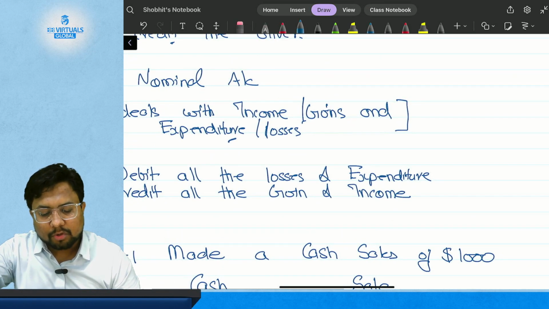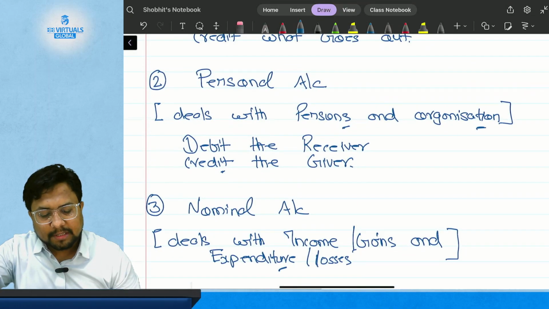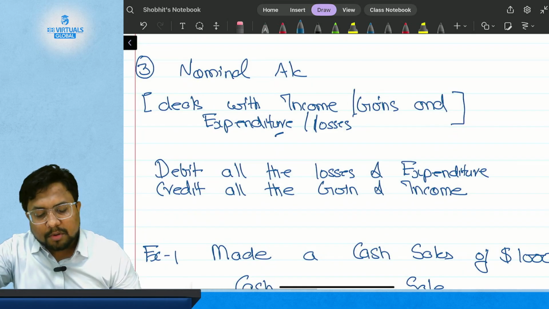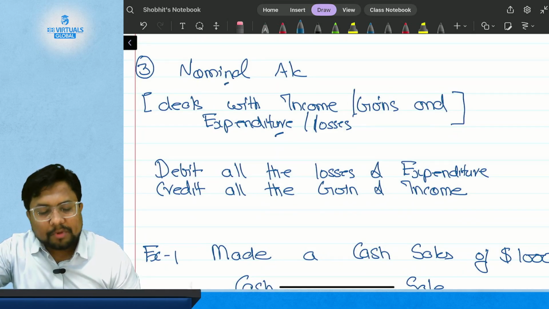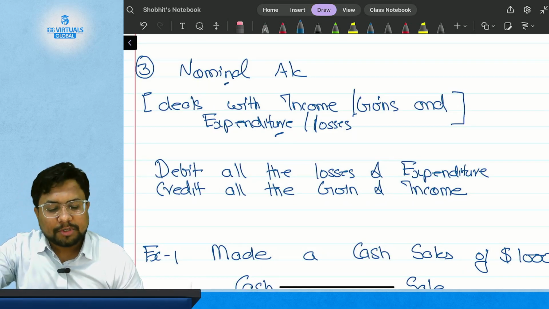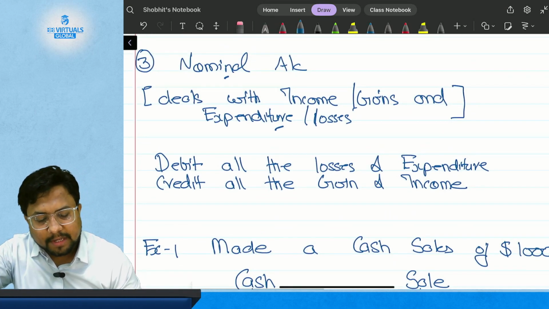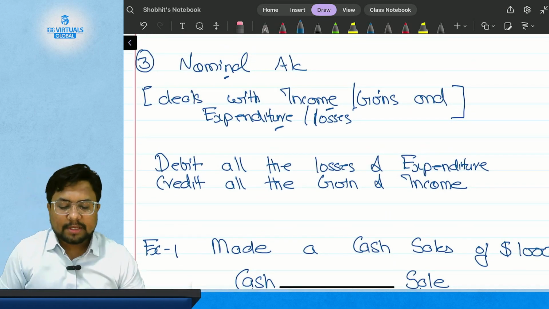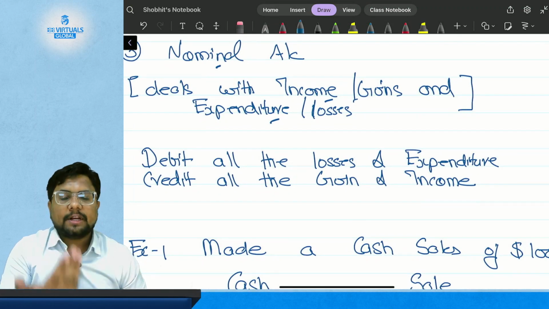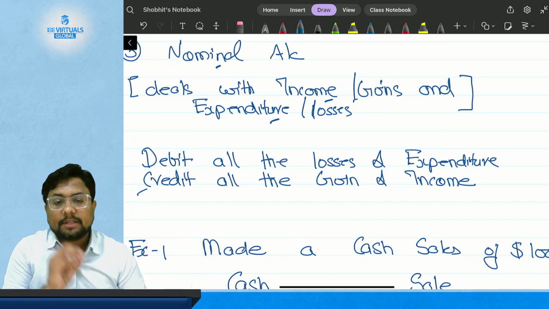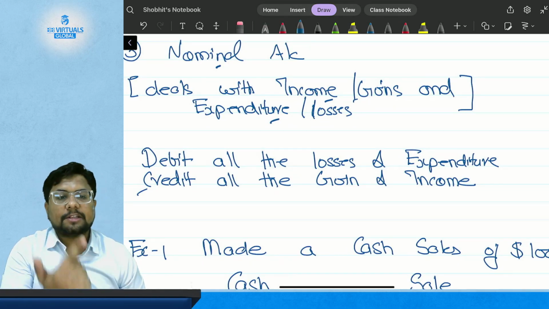Then I'll look for the rule which deals with the sale. The nominal account rules deal with income. And the rule is debit all the losses and expenditure, credit all the gains and income.